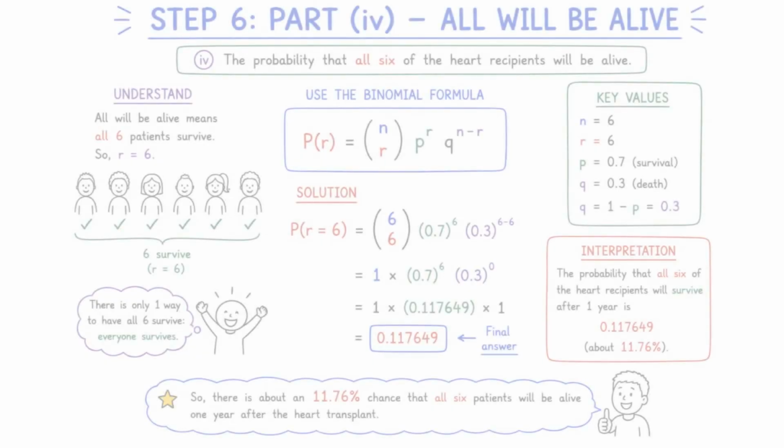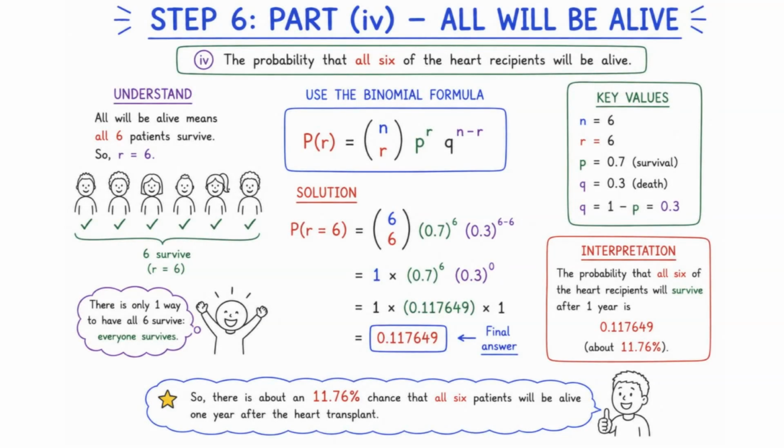Question 4. Now let's find the probability that all 6 patients survive. All. So if everyone survives, then R equals 6. And again, substitute into the formula. 6 combination 6 equals 1, because there is only one way for everyone to survive.